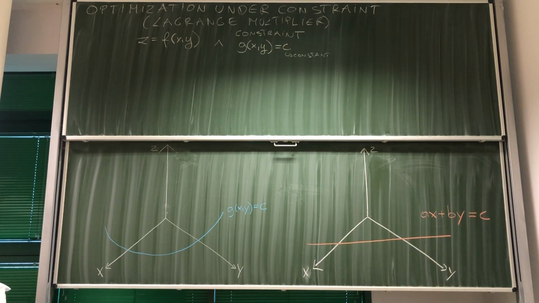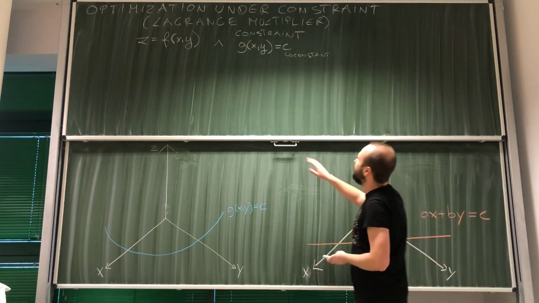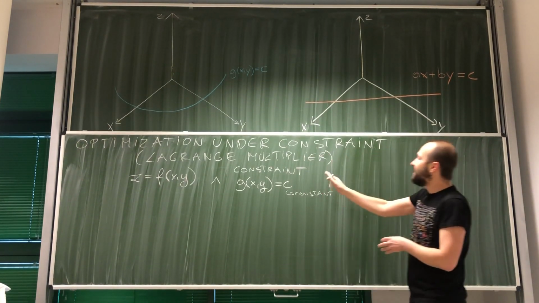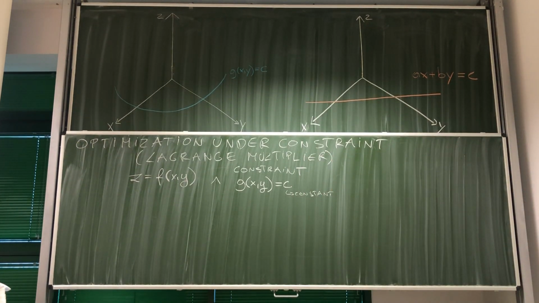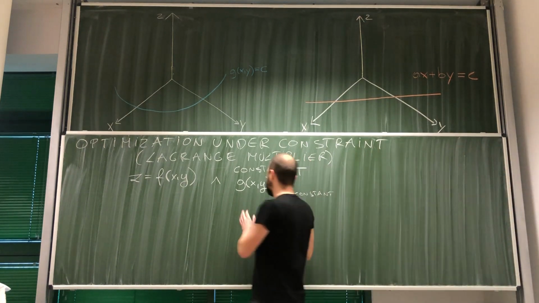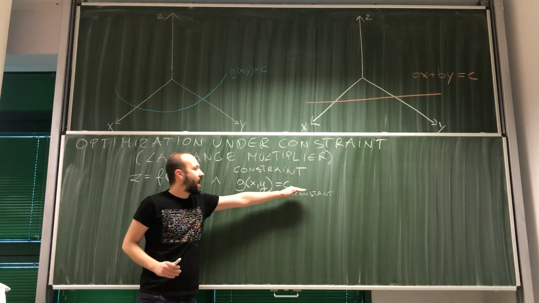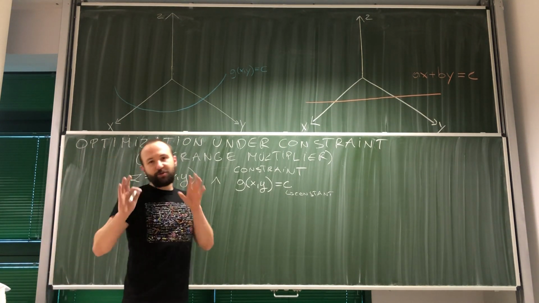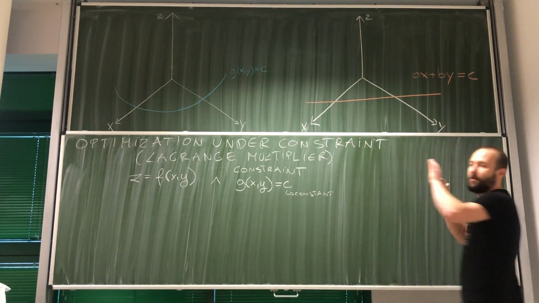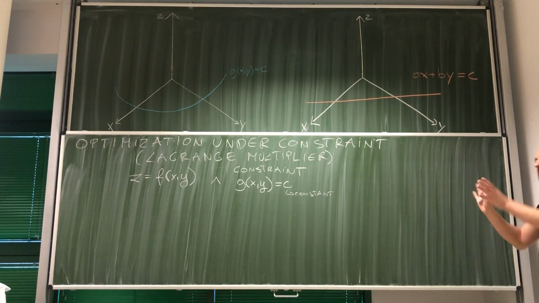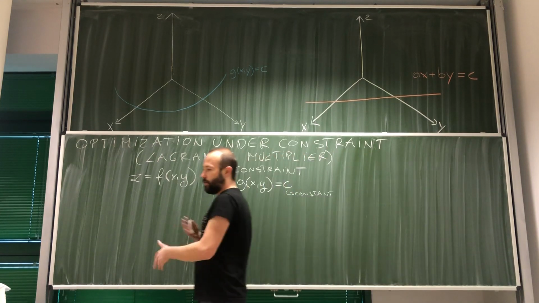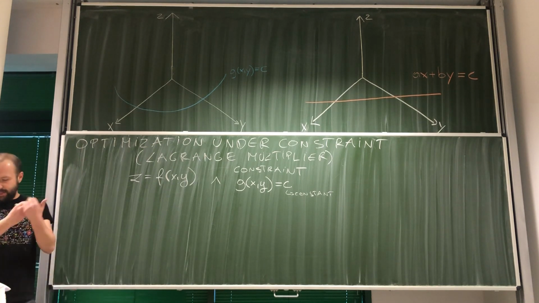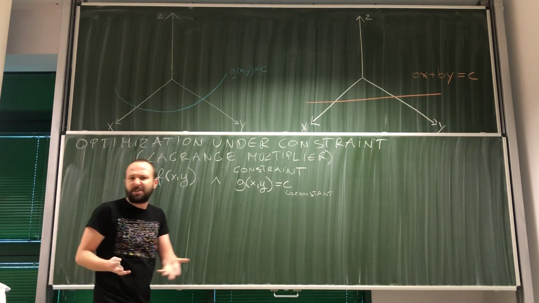But now we've got this additional information that we no longer can choose any value of x and y, but we can only choose those who are fulfilling our constraint. Look, how will this constraint look like? I'm going to actually start today with a more complex case. We're going to see how we will find maximum or minimum in a more complex case. And then we will go back to the easier case.